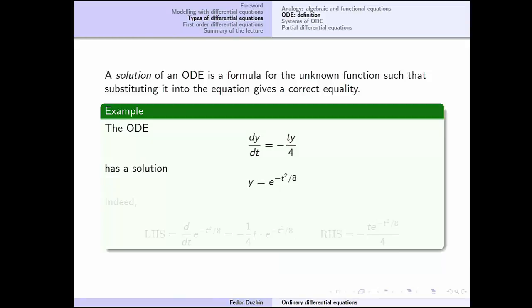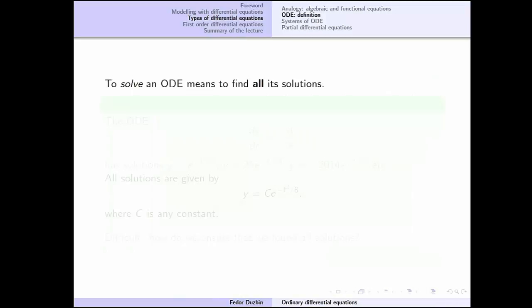You just let y be this formula, and then you compute the left-hand side and then the right-hand side and see that they are equal. Then the solution as a noun is that. But to solve as a verb a differential equation means to find all of its solutions.